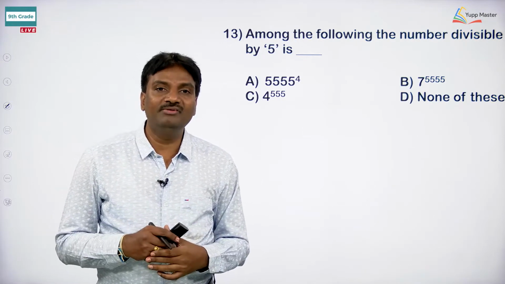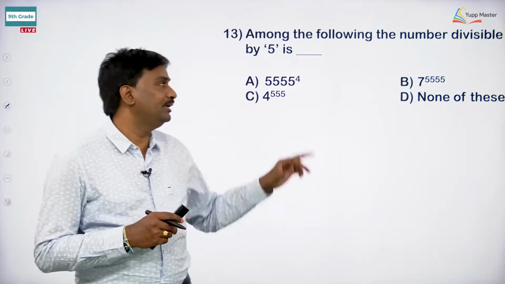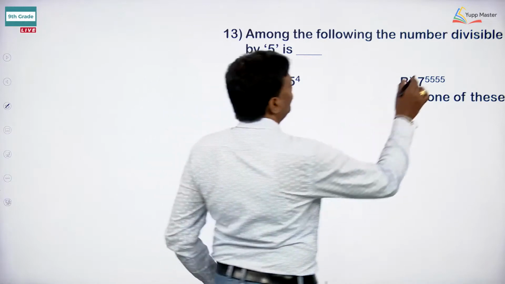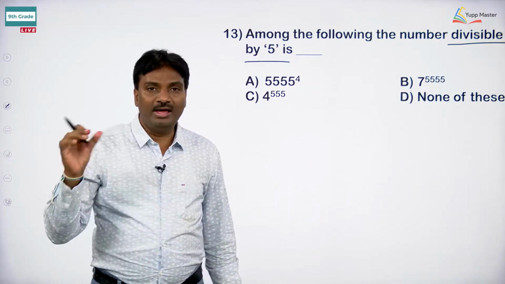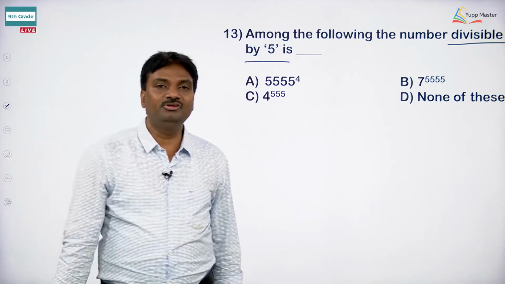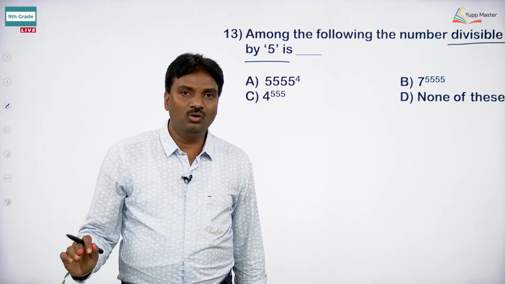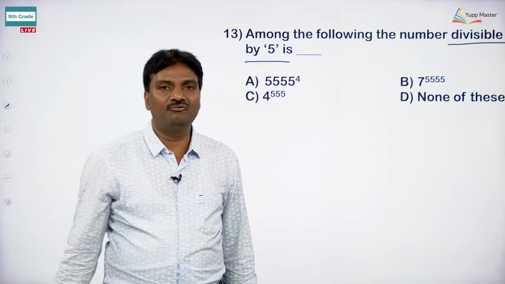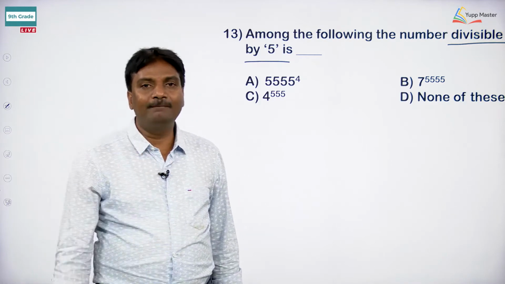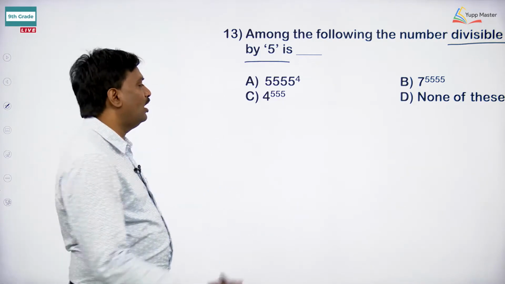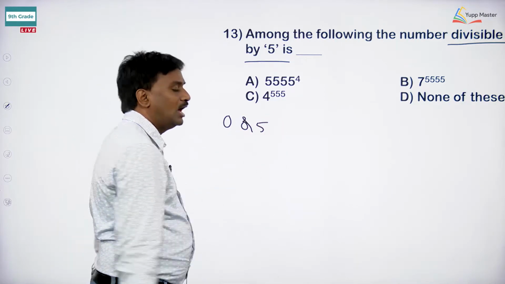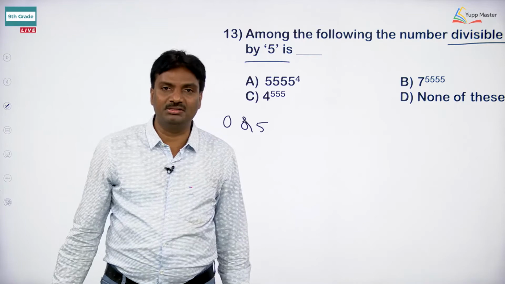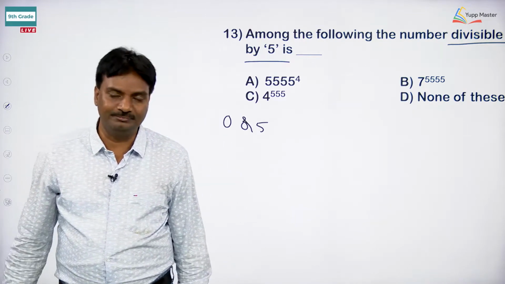So before solving this problem, we have to recap the divisibility rule of 5. When is a number divisible by 5? To check whether a number is divisible by 5 or not, the last digit of the given number must be either 0 or 5.